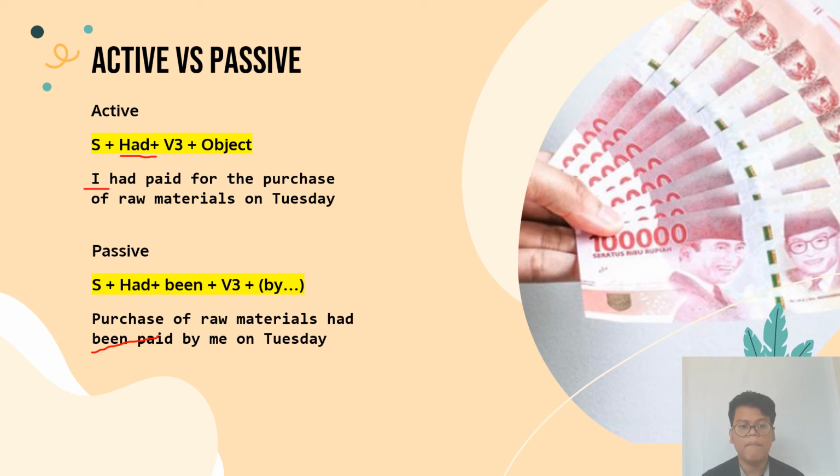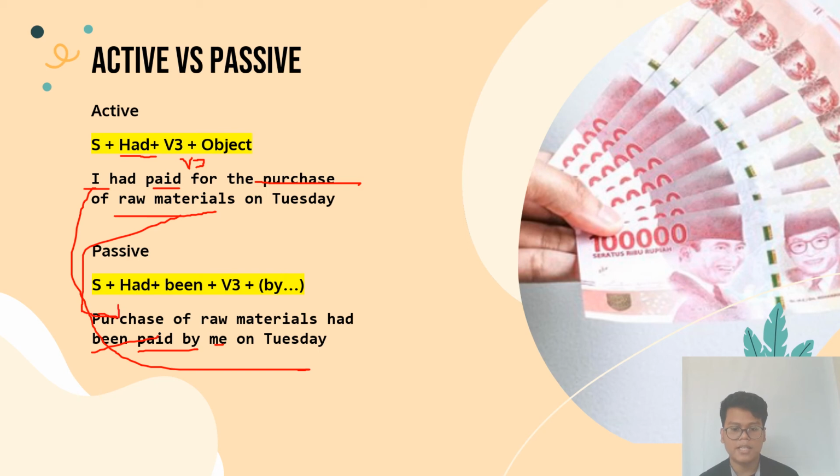I changes to the object, by me. Paid is verb 3. Purchase of raw material becomes the subject in passive voice. I'm sorry I scribbled on the slide, so that we can understand, not just know. The by-phrase, like in previous slides, is optional. It's up to you to write it or not.